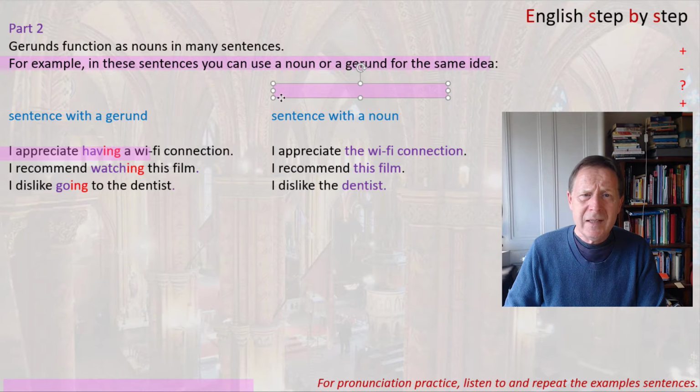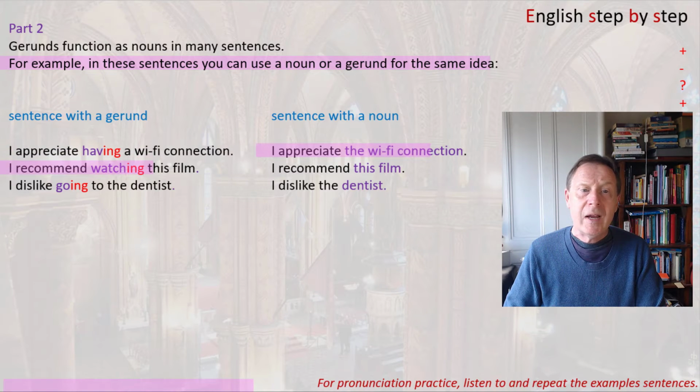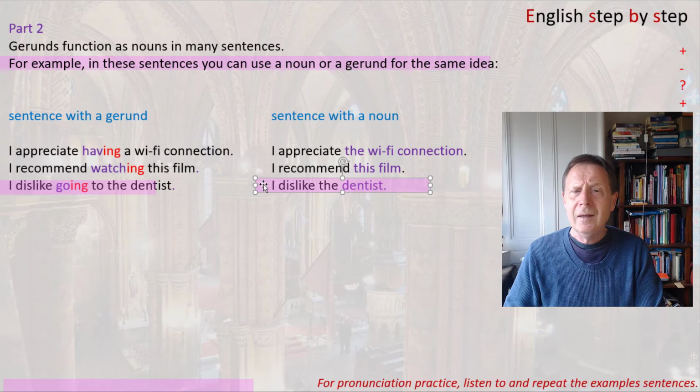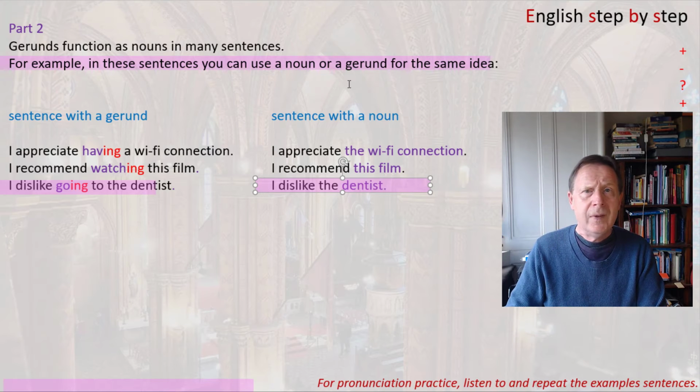Now, the same idea could be, I appreciate the Wi-Fi connection. Next example, I recommend watching this film. Well, you could also say, I recommend this film. Also, I dislike going to the dentist. The same idea could be, I dislike the dentist. So, you can see a noun and a gerund have the same function in a sentence.